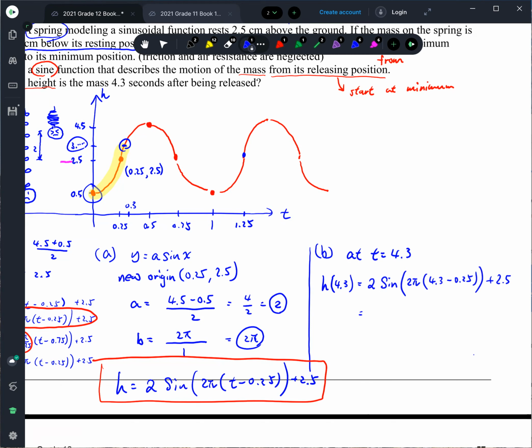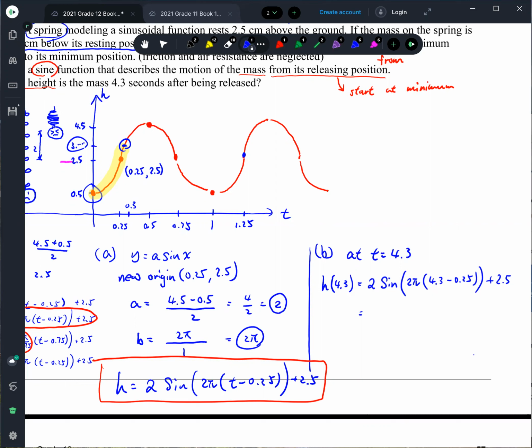Let's round to 2 decimal places. Everyone, please try it with a calculator.